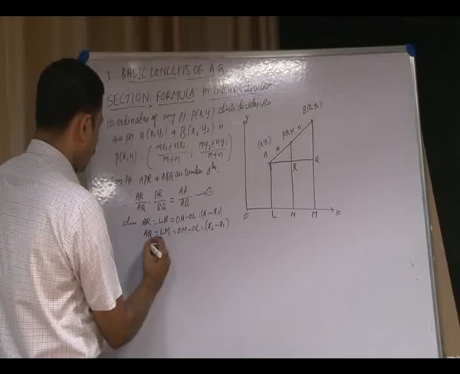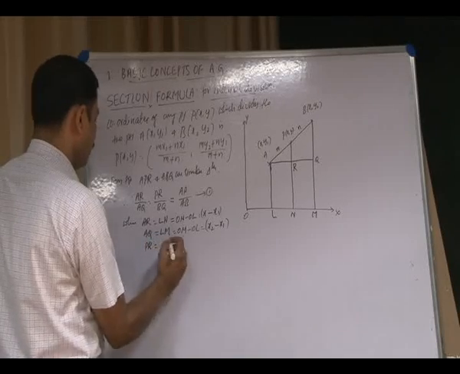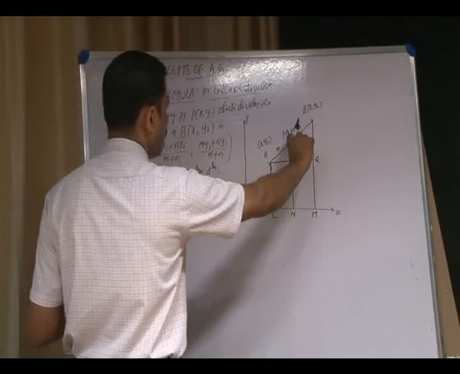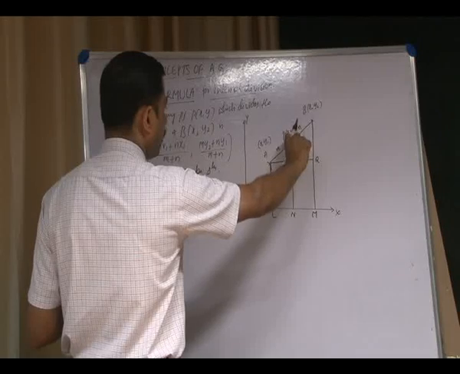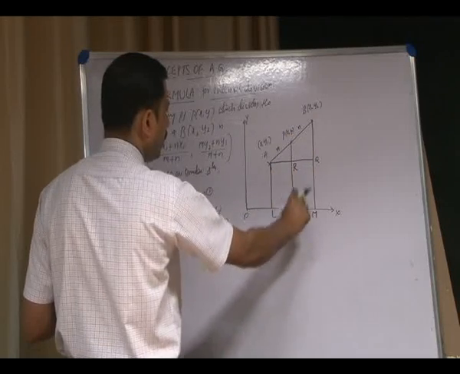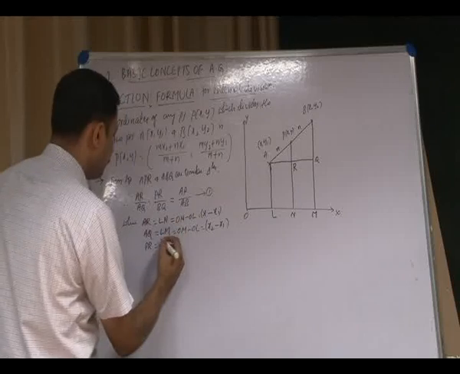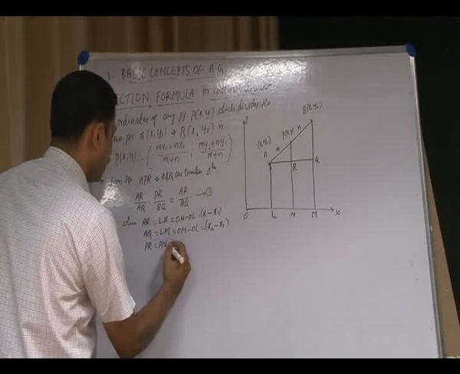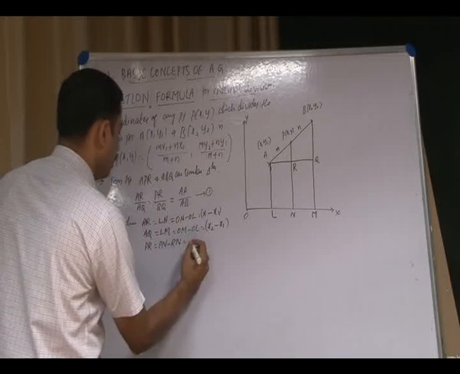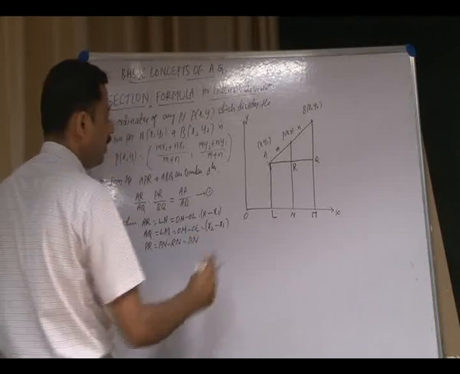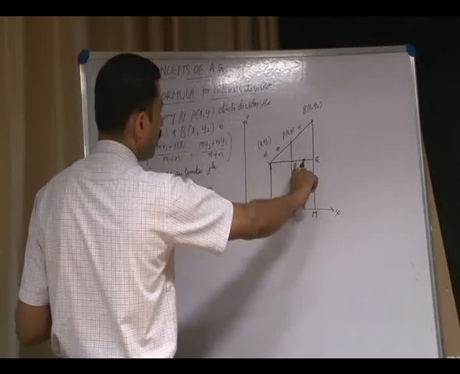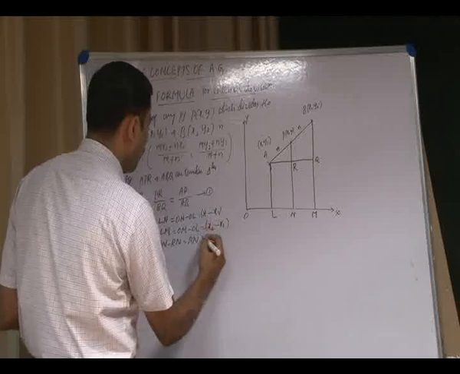Similarly, the distance PR can be written as PN minus RN, and instead of RN I will take AL.